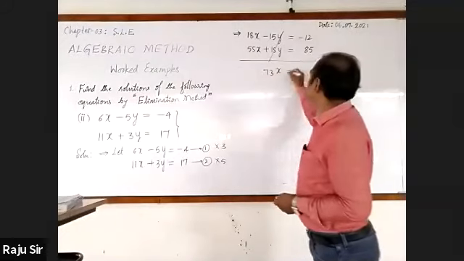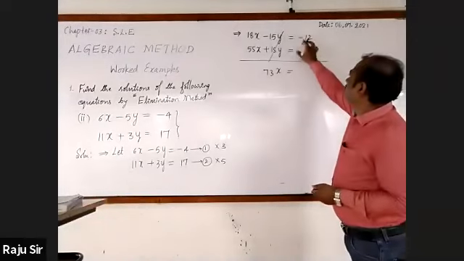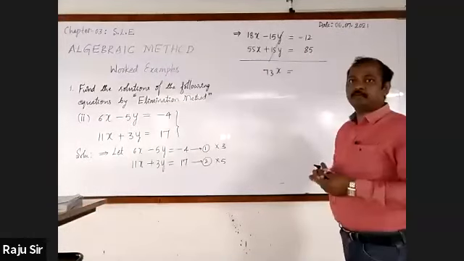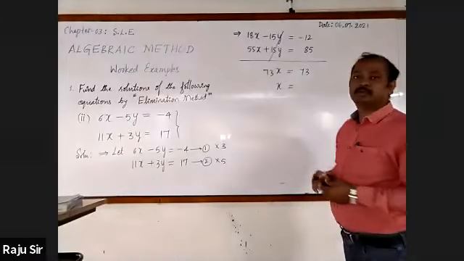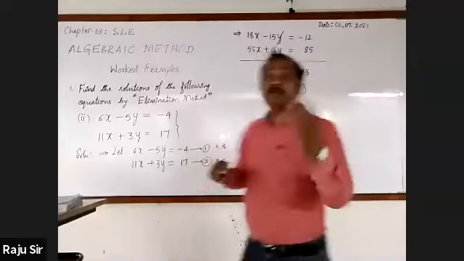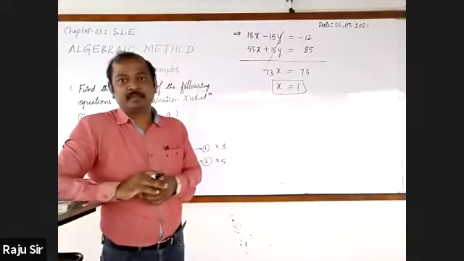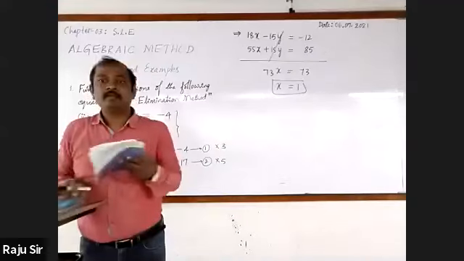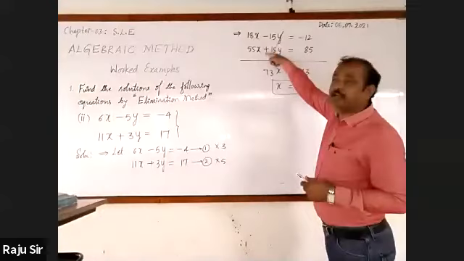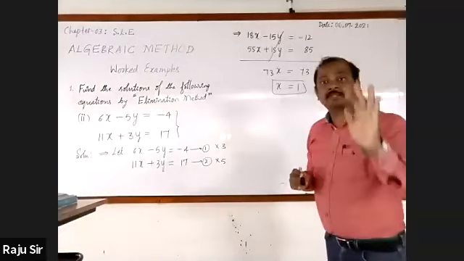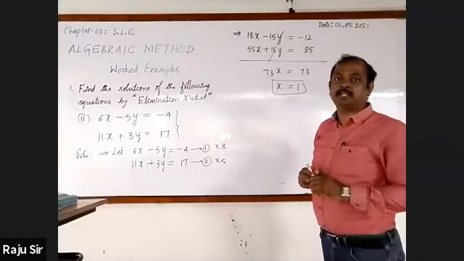This is equal to... what is -12 plus 85? 73. So what is the x value? 1. Very good. We should not change the sign because different signs are already there. If the same signs are there, then only you can go for changing.